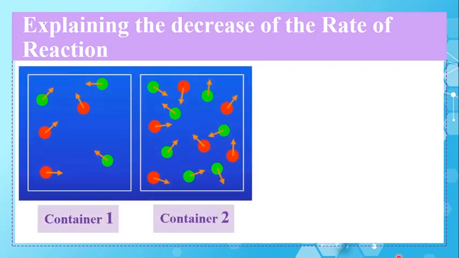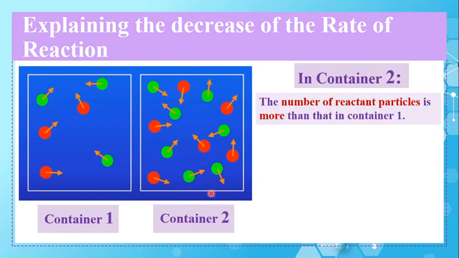We have two containers. Each is holding particles that can react with each other. Both of the containers have the same volume. Remember that the rate of reaction depends on the number of successful collisions per second. In container 2, we have twice the number of particles in the same volume.